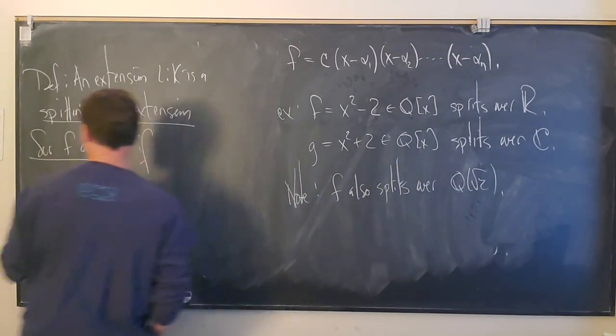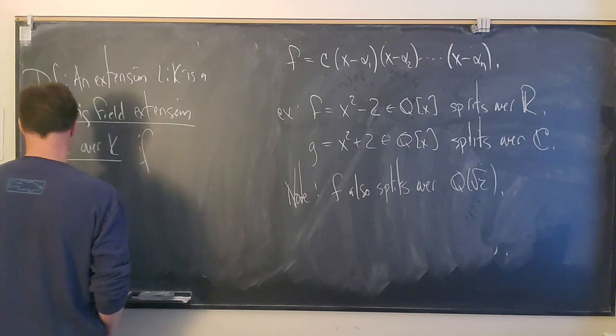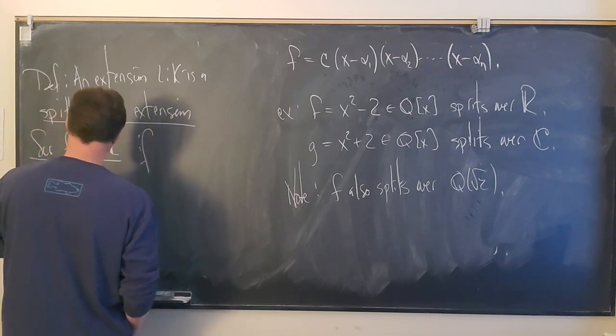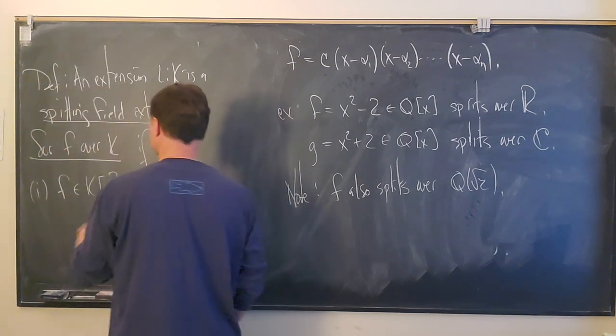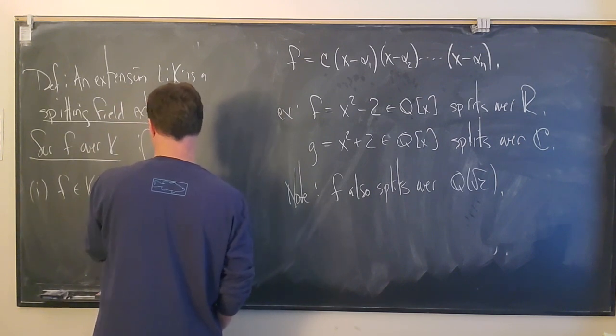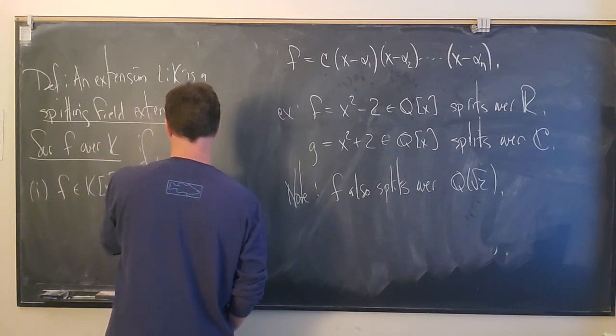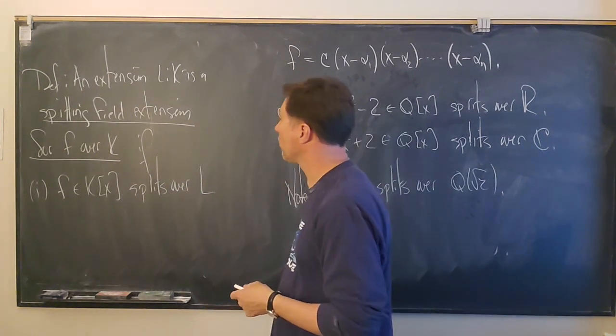First, the polynomial f, which we're viewing in K bracket x, splits over L, fine.